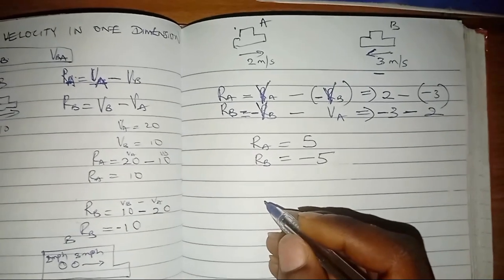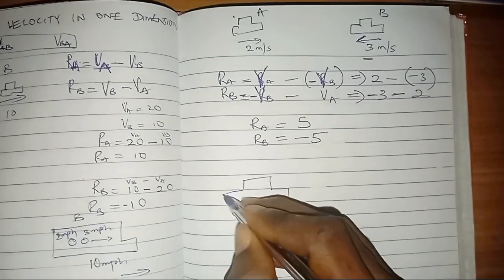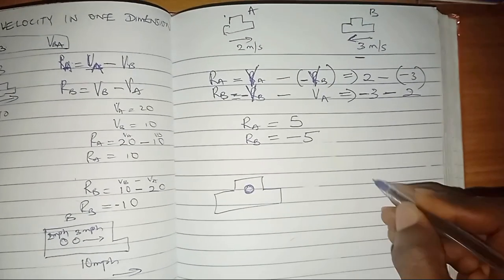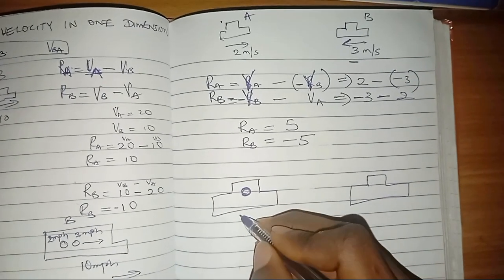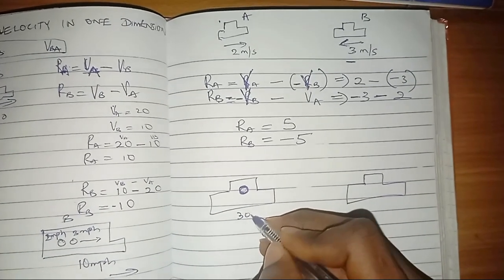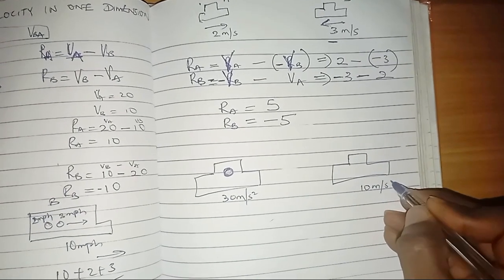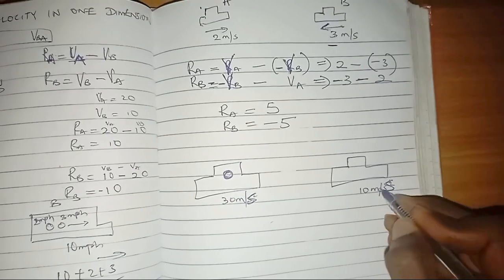I believe as we progress, we will have more examples. Let's say I have a car, and let's say I have a ball inside this car. Now let's say I have another car, and this car is moving with 30 meters per second. This one is moving with 10 meters per second.